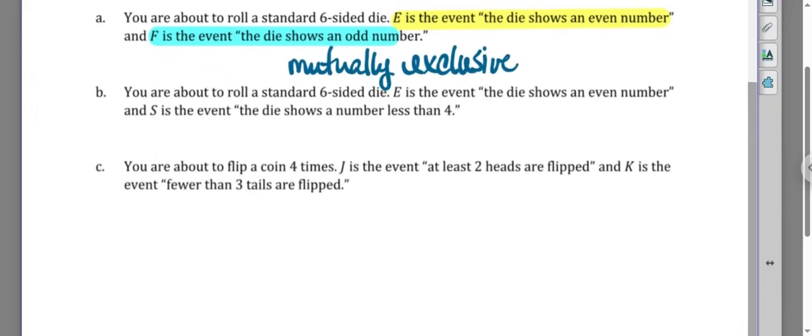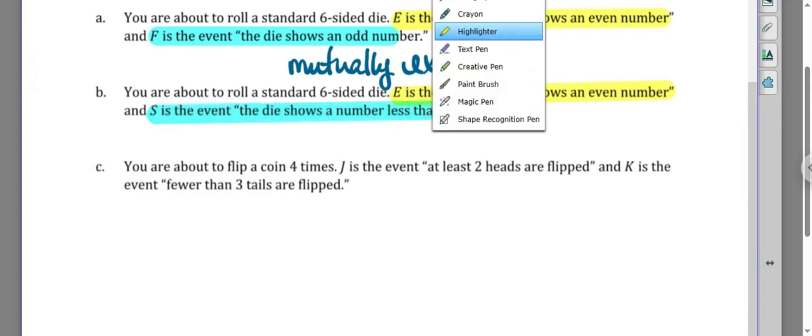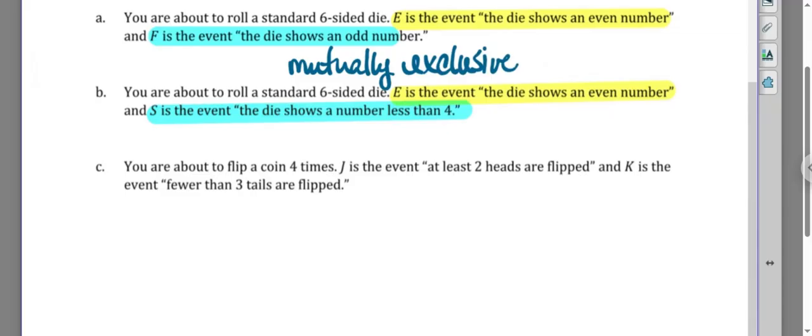So you're about to roll a 6-sided die again. E is the event. The die shows an even number. S is the event. The die shows a number less than 4. Can you come up with an example where those two things happen at the same time?